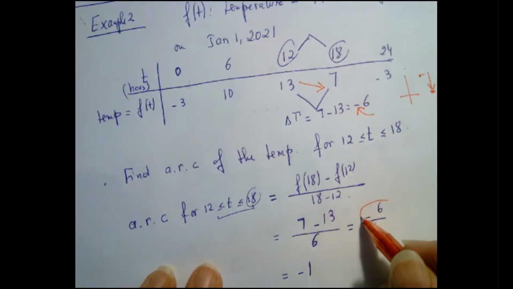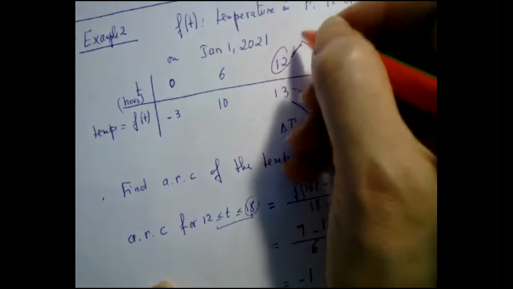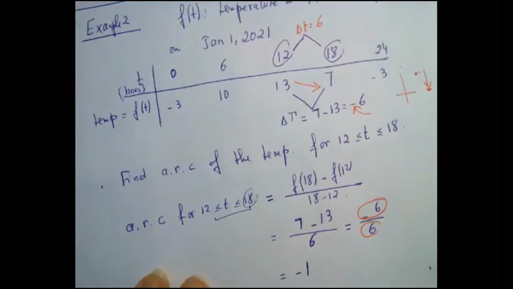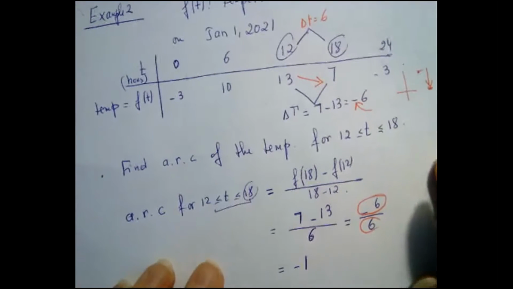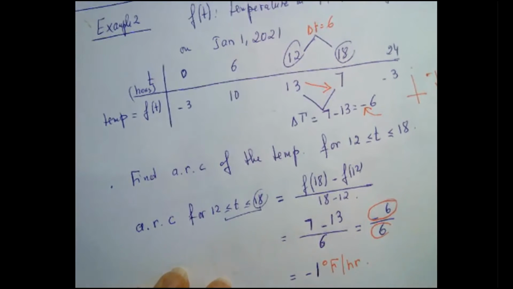So -6 here means the temperature went down by 6 degrees. But how long did it take to do that? It took 6 hours. So when I divide, it means the temperature was on average going down by 1 degree per hour. That's the average between 12 and 18.